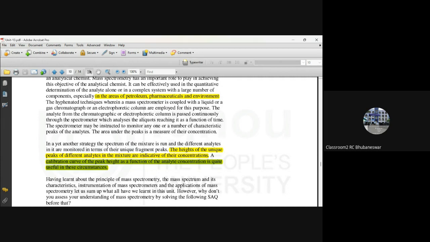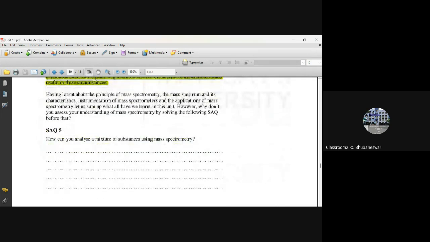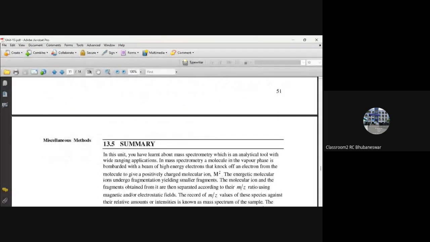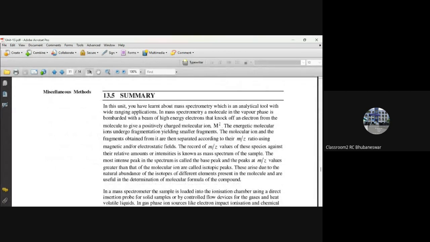We have to follow a standard whose signals are known to us. Then only we can use that. Then we came to the summary. Okay, fine. So I am closing mass spectrometry.